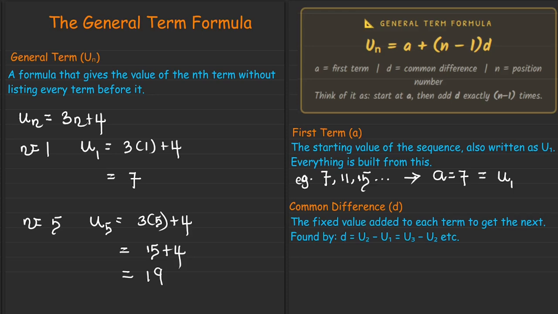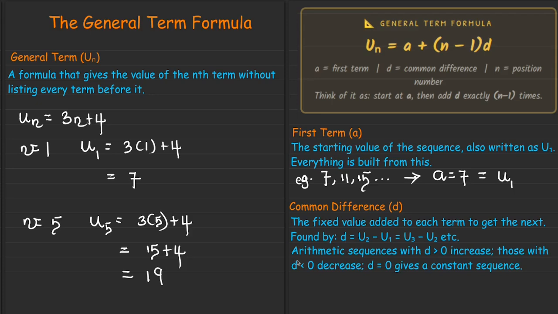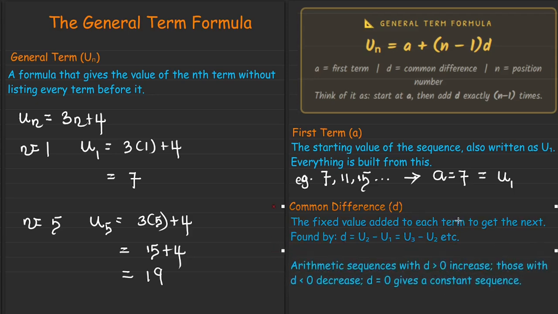And there is something interesting about the common difference. This interesting fact is that when you have an arithmetic sequence and your d is greater than 0, then the sequence increases. So you start from a smaller number and then gradually get toward a bigger number.